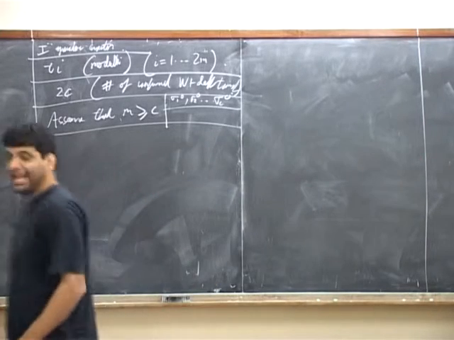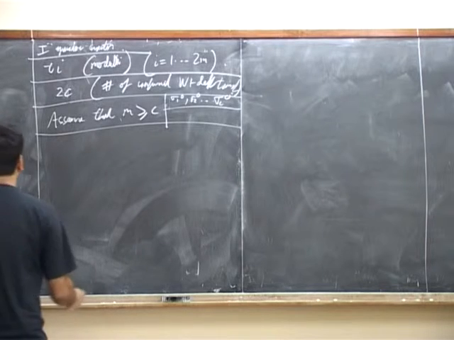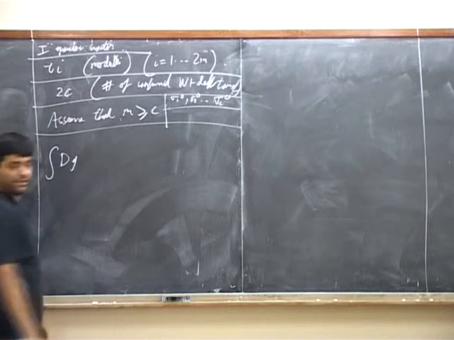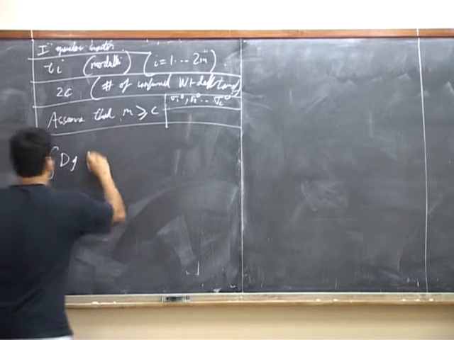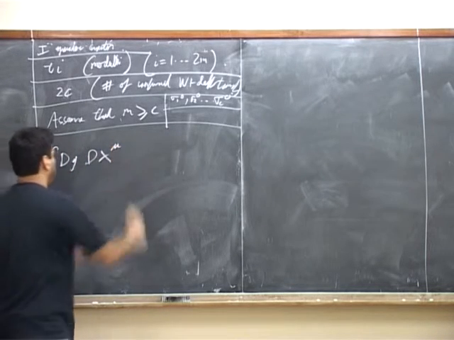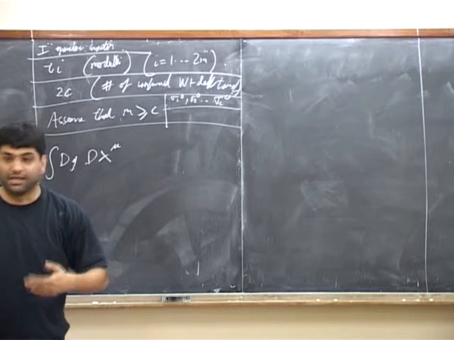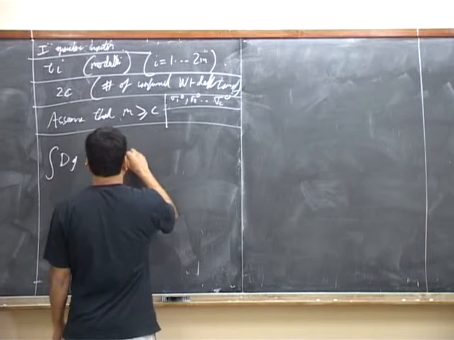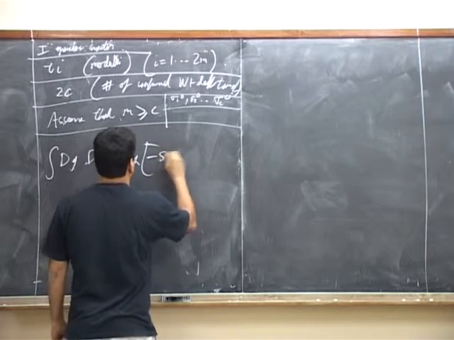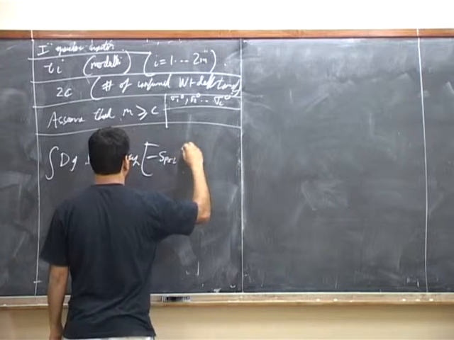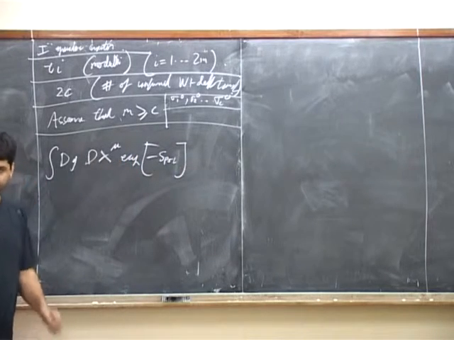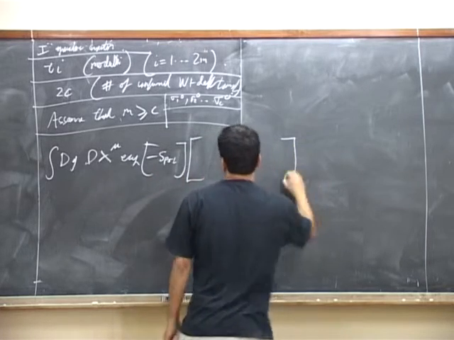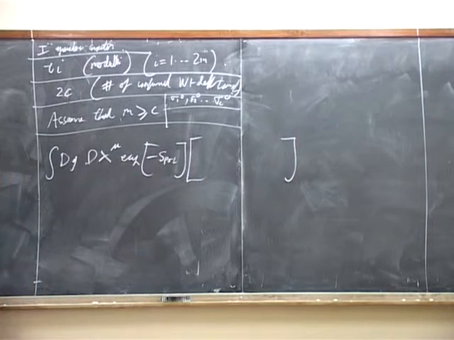So then, what did we want to calculate? The initial thing we started out wanting to calculate was the path integral over all the fields of the field theory, which is just the X^mu's, then exponential of minus the Polyakov action, and then anything associated with operator insertions.